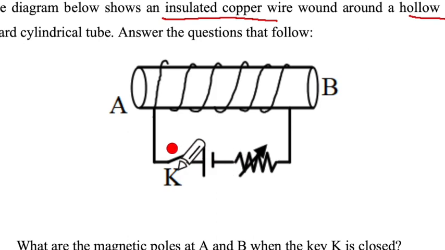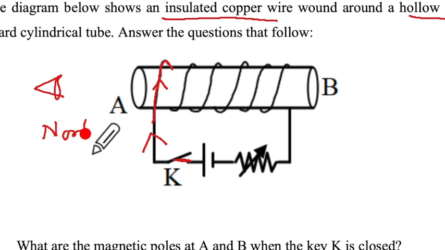When the key is closed, the current is going to flow like so. So when the current is going over and under over here, you have to look from here. And when you look from here, it is going to go anti-clockwise. So A is going to be north polarity, and for B, look at the direction of the current here.